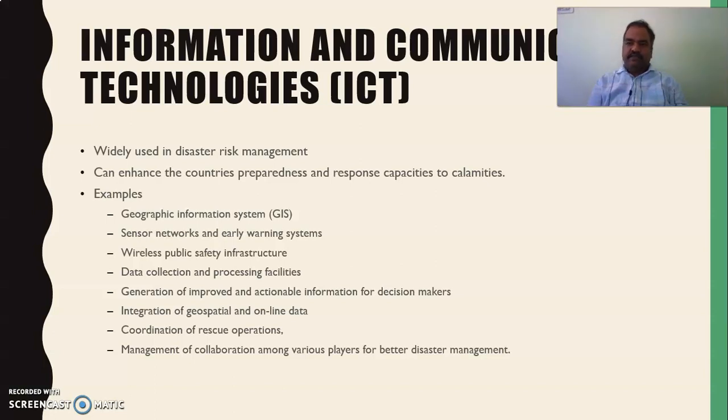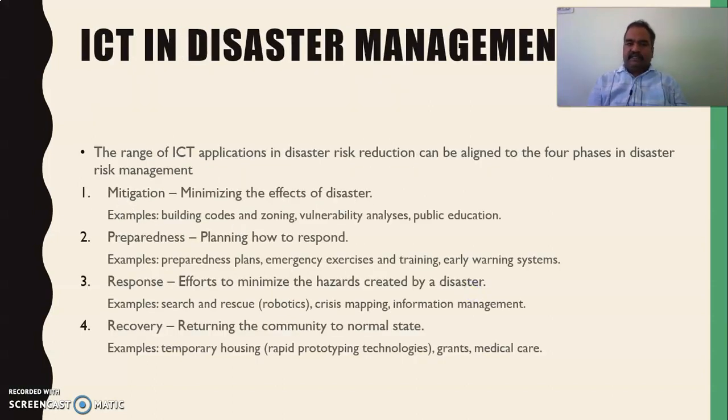ICT tools are not only limited to the development or usage of applications; they also include different facilities which are generally employed by governments or agencies to collect and process information. So, as you can see, ICT applications in disaster risk management can be aligned to all four phases of the disaster cycle.